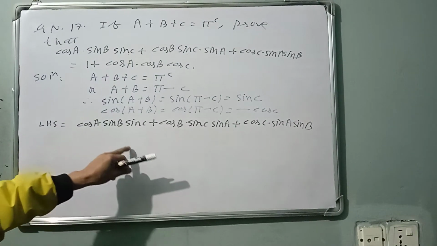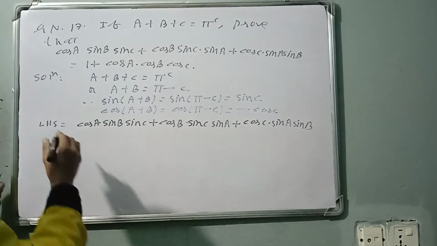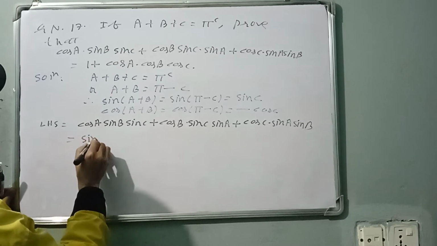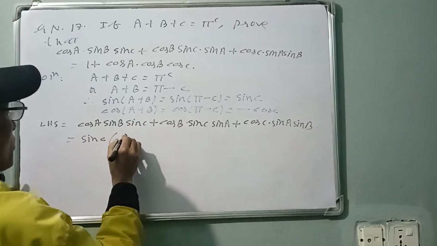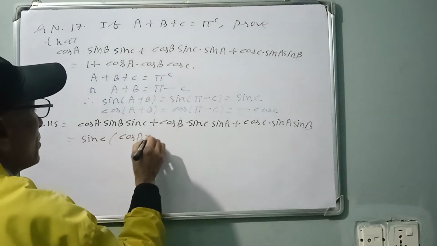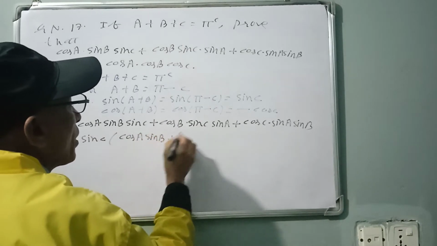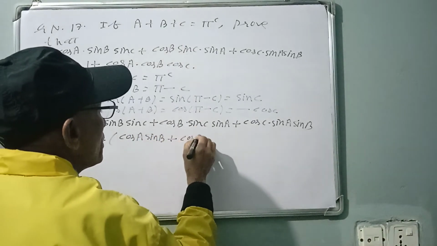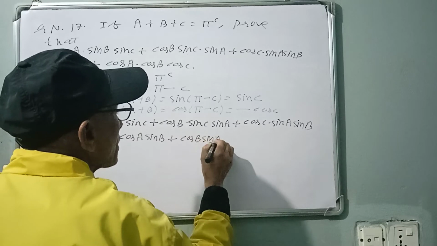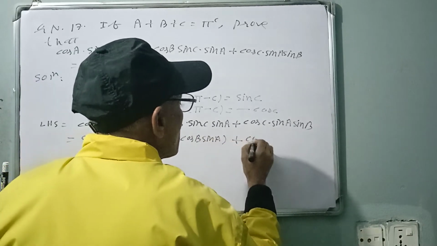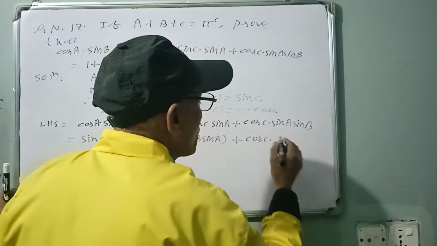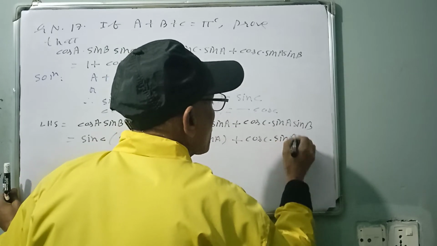From the first and second, take sin C common. If you take sin C common, what is left? Cos A sin B plus cos B sin A, plus the third term same.